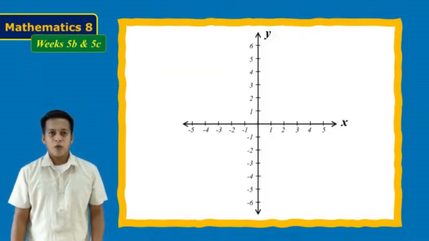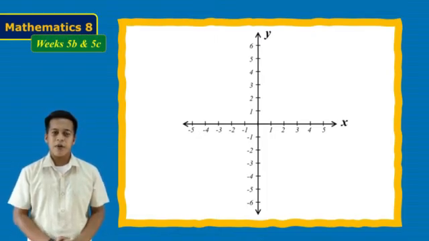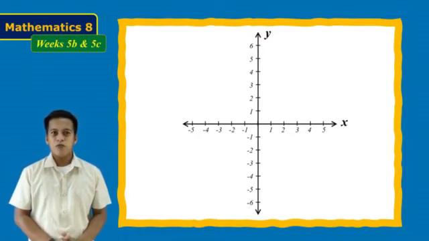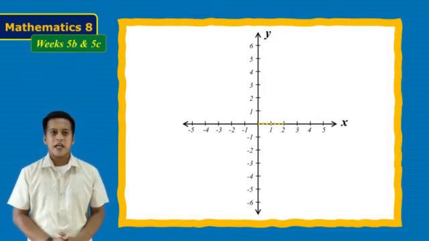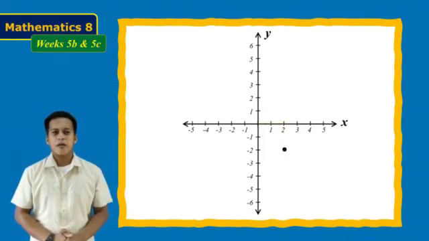This time, we plot the points one by one. The first ordered pair is (2, negative 2). The abscissa is positive 2. It means from the origin, move 2 units to the right. The ordinate is negative 2. Move 2 units downward from the x-axis, as shown in the graph. The second ordered pair is (5, negative 1).